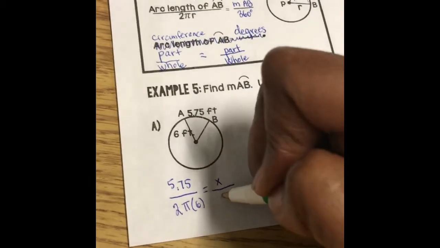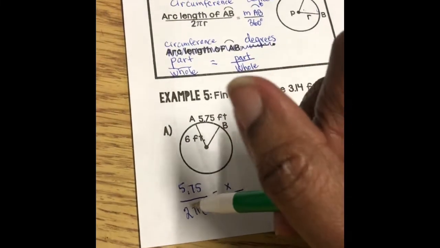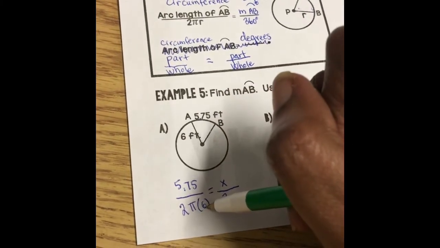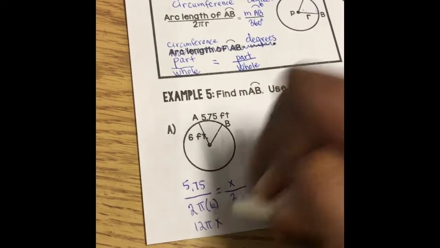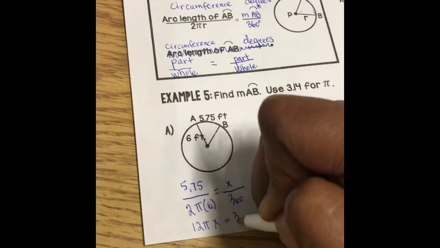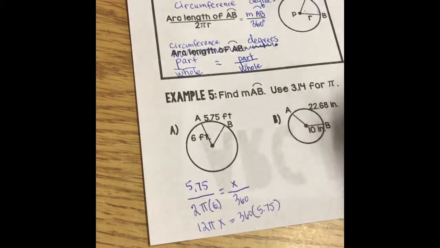The whole degrees is 360. And we cross multiply. Okay, here we have 2 times 6 is 12 pi. So that's 12 pi times x is equal to 360 times 5.75.